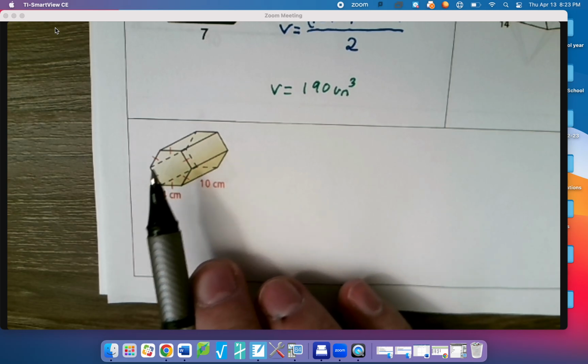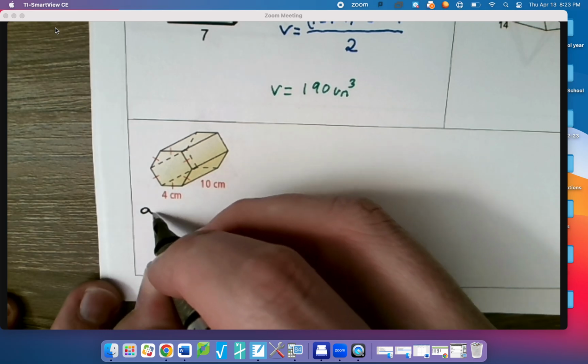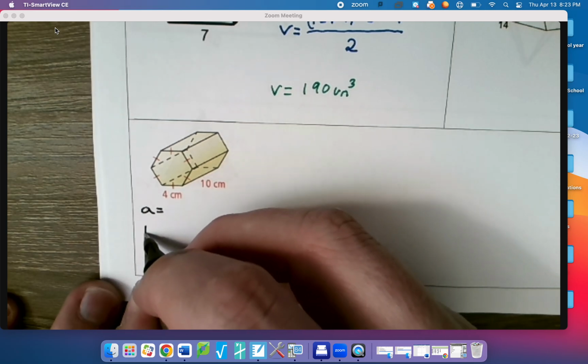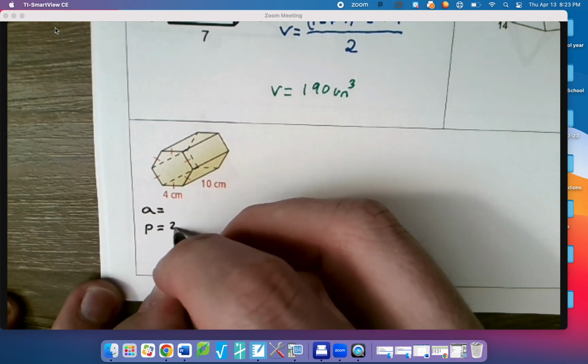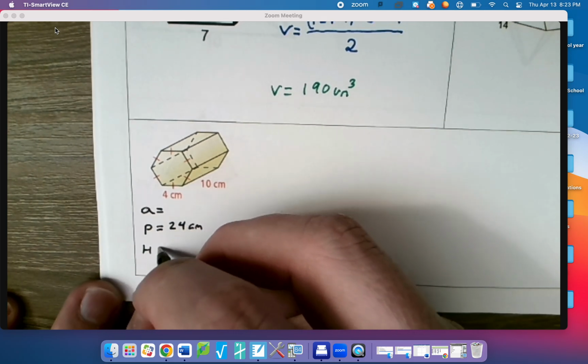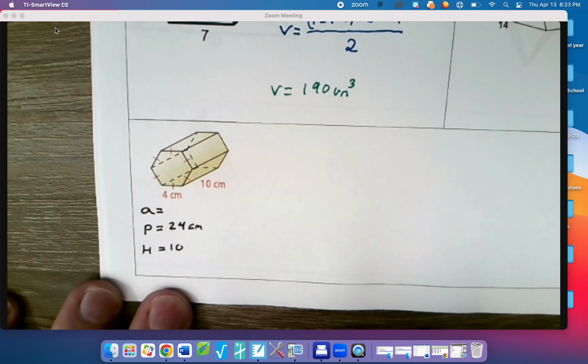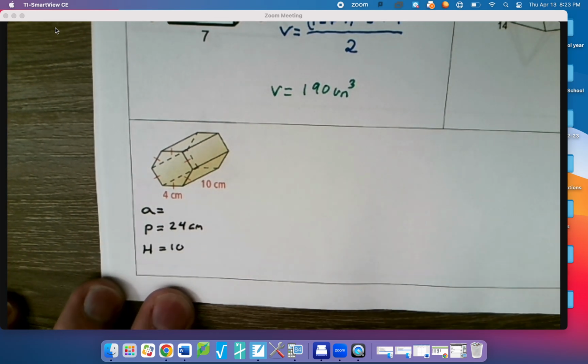What we need to do is find the apothem. To find the apothem, I'm going to write the A right there. We need the perimeter. Well, 4 times the 6. We've got 24 centimeters for our perimeter, and the height of the prism itself is 10. So we're good to go there.